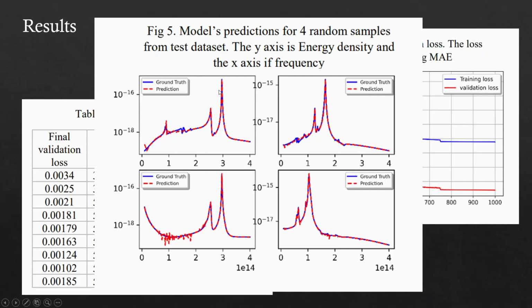If we have error in these parts, the total error will be higher compared to the regions which are not peaks. Here we can see the predictions are accepted, but definitely the model can be improved. In the next slide, where I talk about future work, I will talk about some improvements that can be made to this forward model.